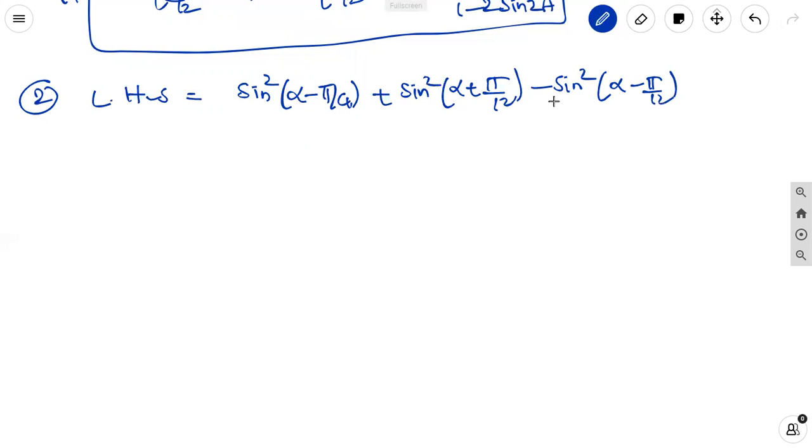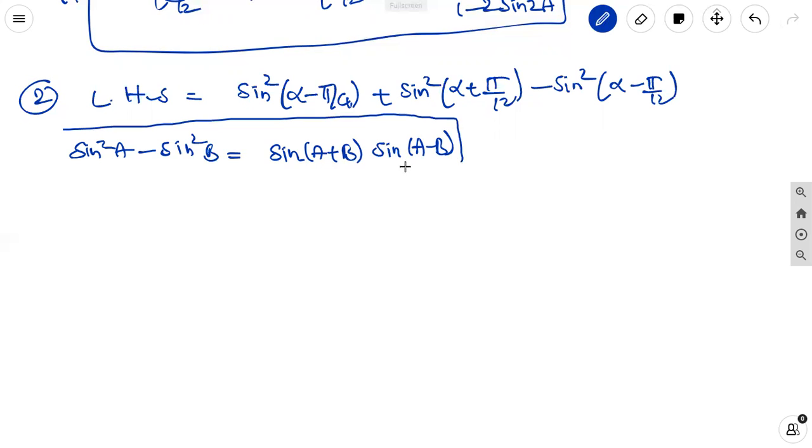Here we know that sine square A minus sine square B is equal to sine of A plus B into sine of A minus B. Because alpha plus pi by 12 and alpha minus pi by 12 are there, we can write it as sine of A plus B, sine of A minus B. We are getting only one value.